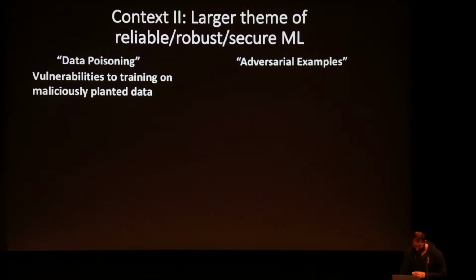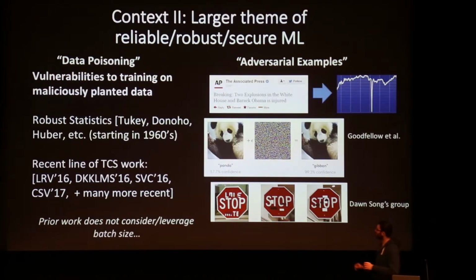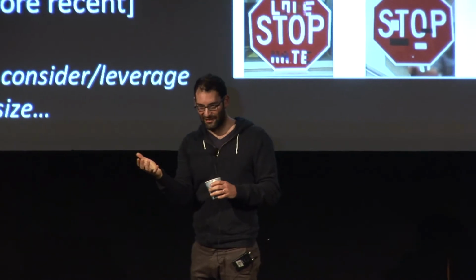Oh, okay. So the other context of this work is this recent vein on getting reliable, robust, secure machine learning. The whole point is, right, the world is increasingly relying on machine learning. We better make sure that things are robust and reliable and so on. There are two veins of work in this area. One is making sure that what you're learning is robust to bad training data.